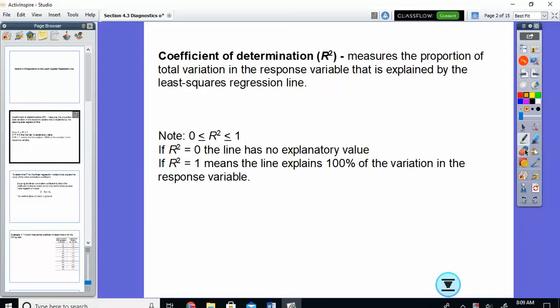The first one is the coefficient of determination. So it is r squared. Now, for a linear model, what was the r? We've seen r before. What was that?